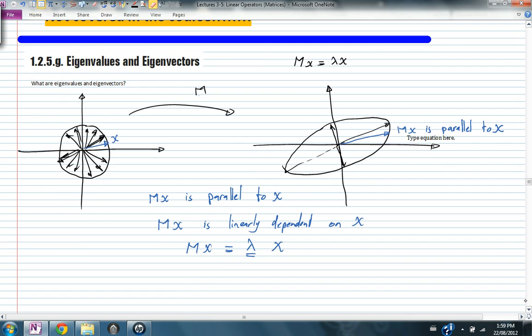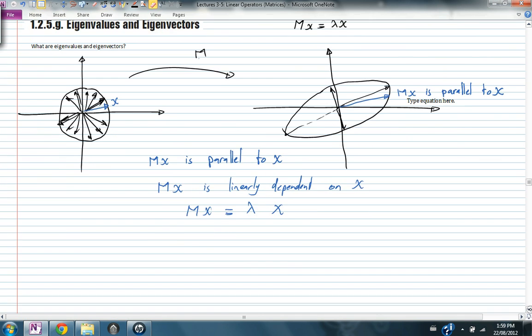This is the unique thing. It doesn't happen that often. Not every matrix would have a vector that keeps its direction if you multiply the matrix by it. But if it happens, then I call this vector the eigenvector, and I call the multiplier the eigenvalue.